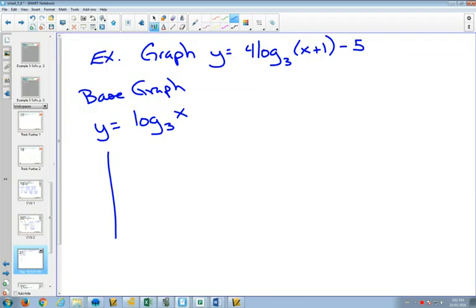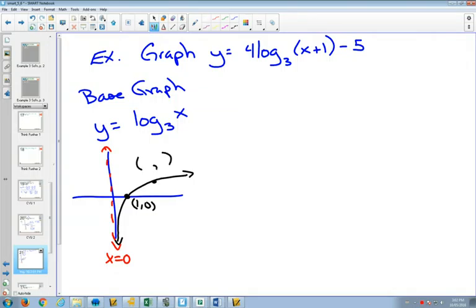And if that's my parent graph, just like we graphed the other one before, you're going to have 1, 0. You're going to have an asymptote at x equals 0. And that other point that I just labeled is going to be what? 3, 1. Good. There's our parent graph.